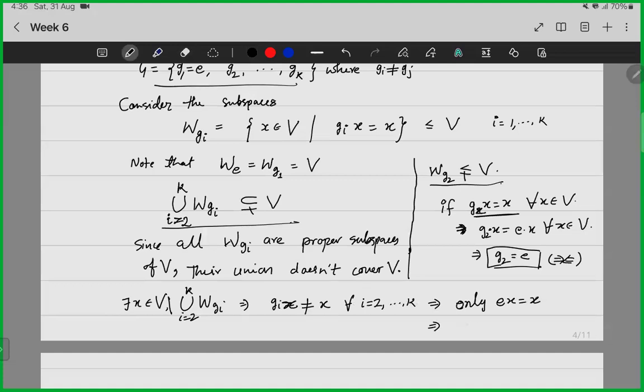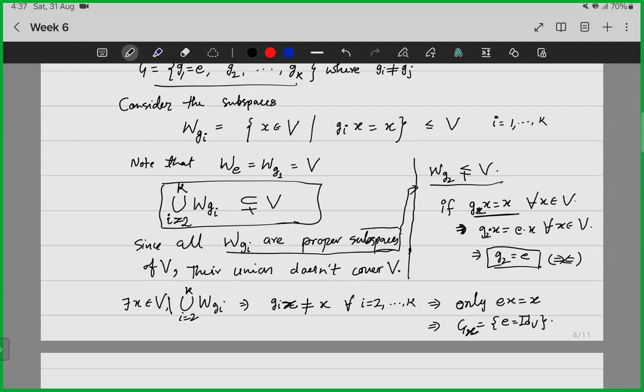This implies the stabilizer of this x, G_x, is equal to e, the identity. All W_gi are proper. This is just our justification for why W_g2 is proper.